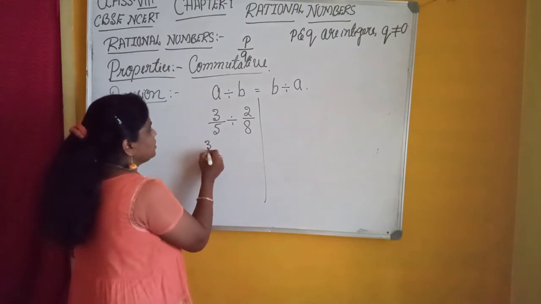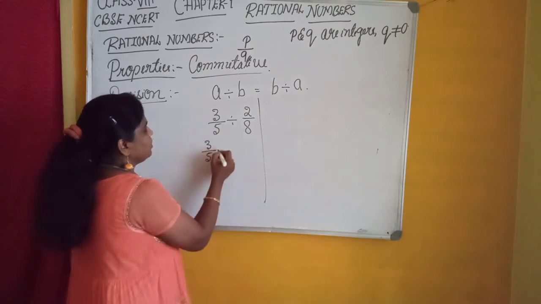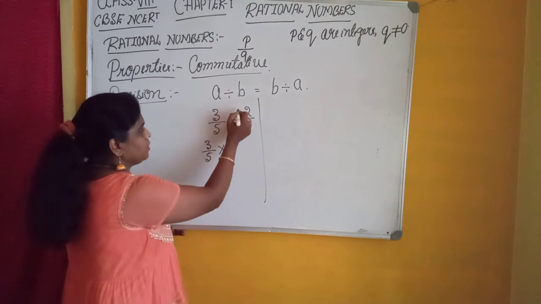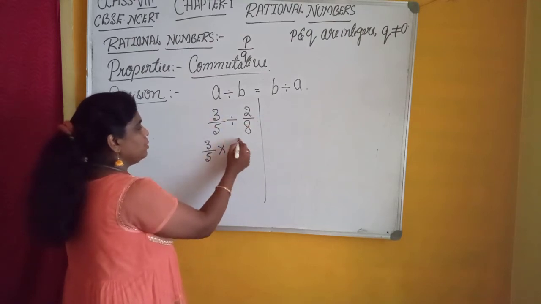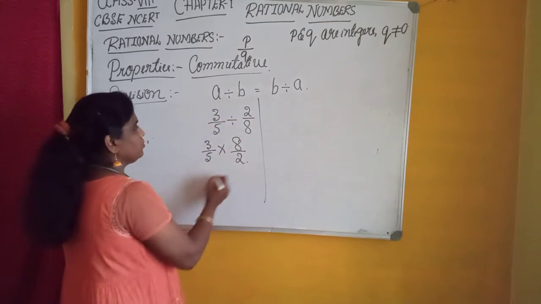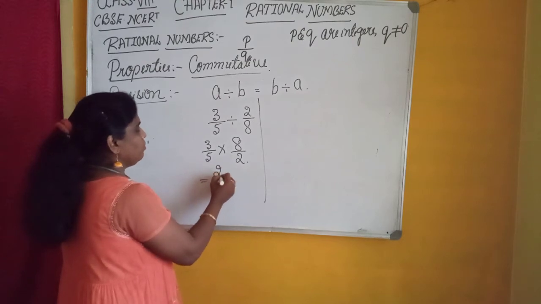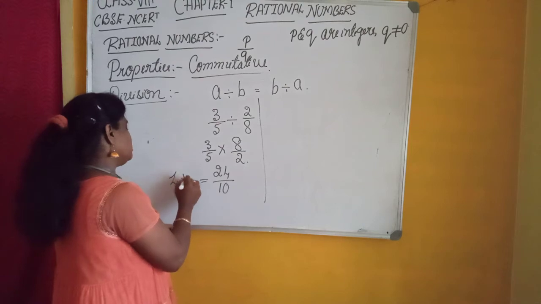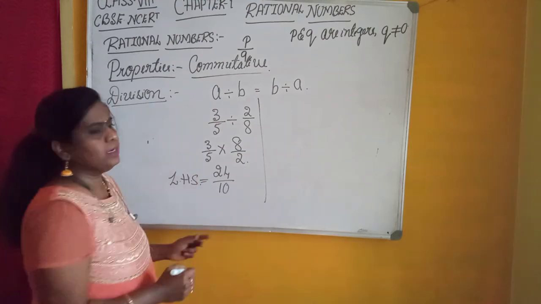If you simplify, division changes into multiplication by taking the reciprocal of the divisor, 8/2. Therefore, 3 × 8 = 24 and 5 × 2 = 10. LHS we got is 24/10.